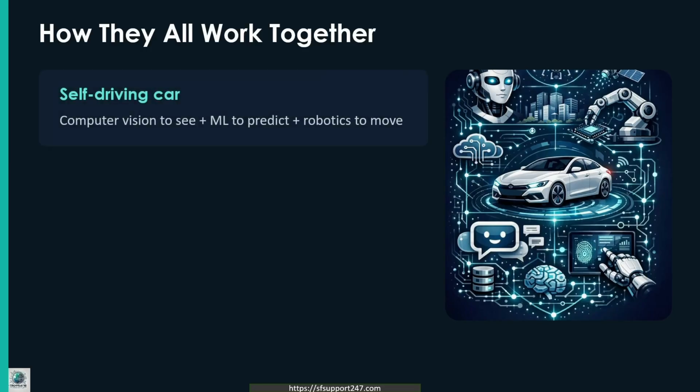How do they all work together? In order to understand this, let's take a Tesla car with FSD, fully self-driving. I drove one of those cars. It's very interesting to see how these cars are able to drive. It is like an elevator, right? When we press a button, it takes us to the corresponding floor. I remember when elevators or lifts came, in the initial days there used to be a person sitting, because humans felt scared to give up control.